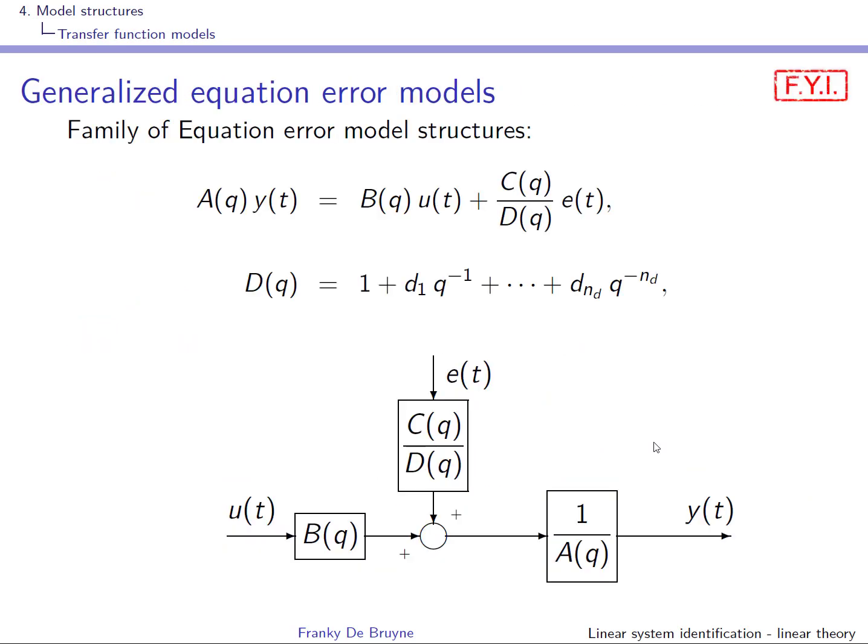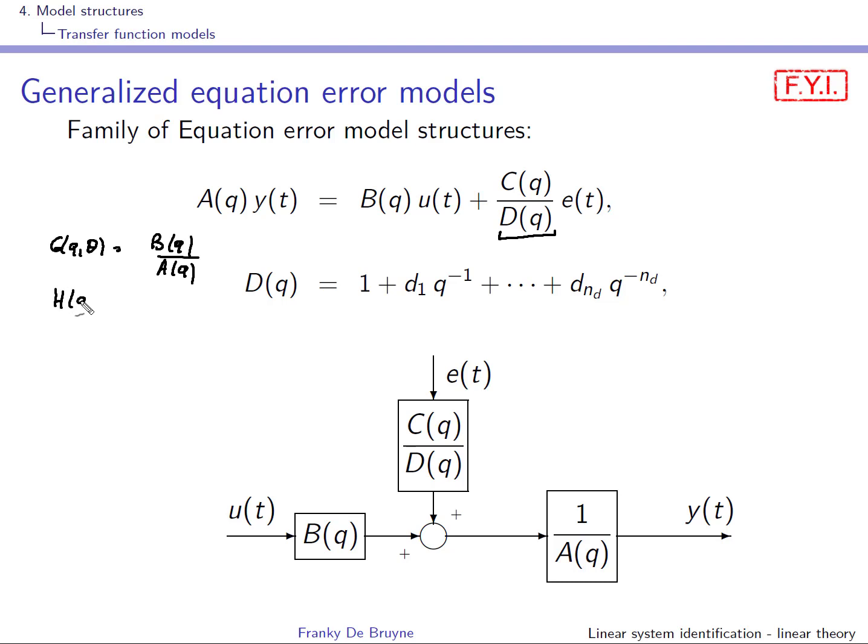Just for your information, there is a family that is called the generalized equation error model structure, and it has again a degree of flexibility in the noise model, so that G(q,theta) is B(q) over A(q), right?